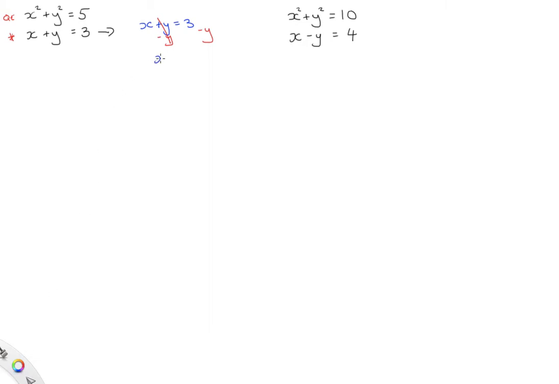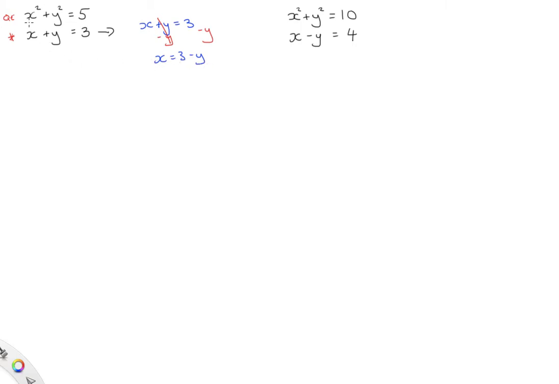So you're left with x is equal to 3 minus y. But if you're using the carryover method, you're carrying the plus y across and changing the sign. Okay, so now we've done that. We have rearranged it so x is on the left-hand side all by itself. So x is equal to 3 minus y.